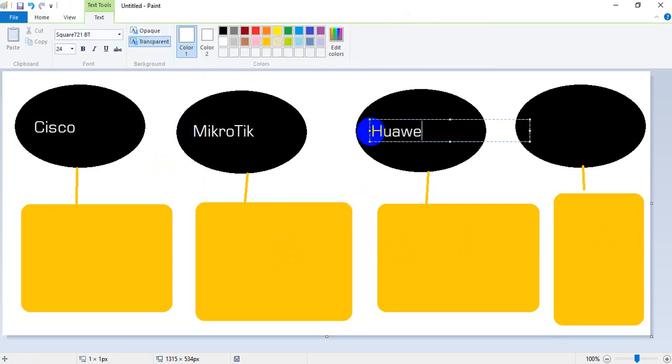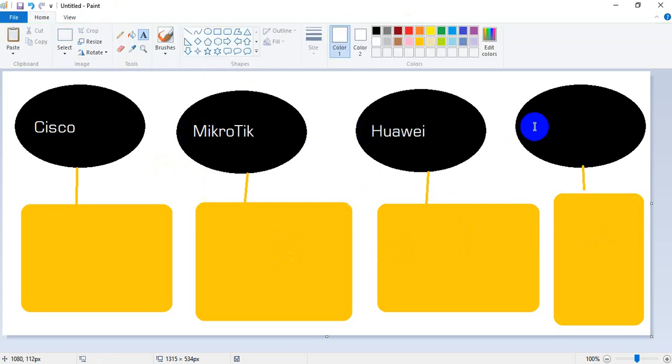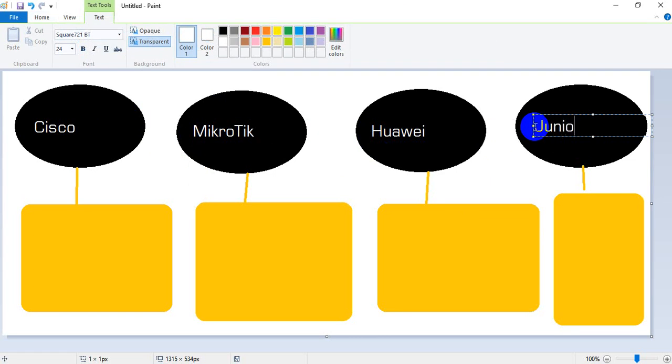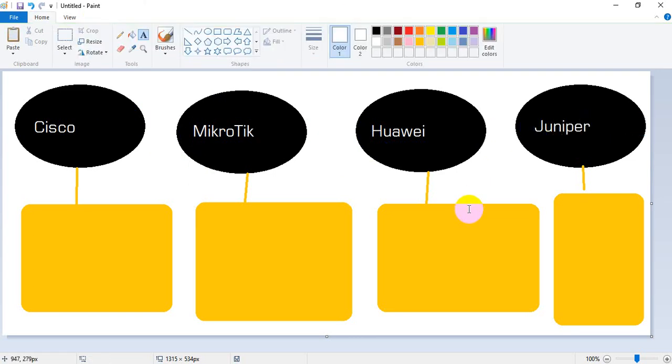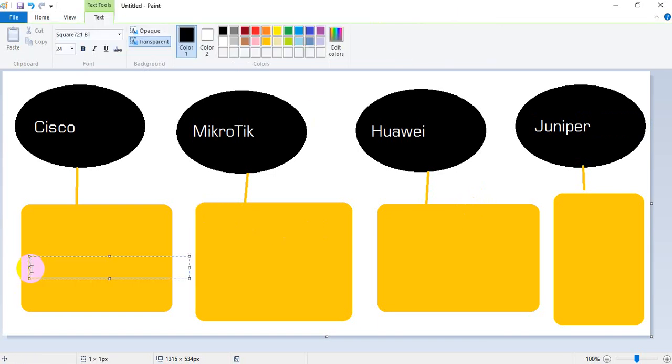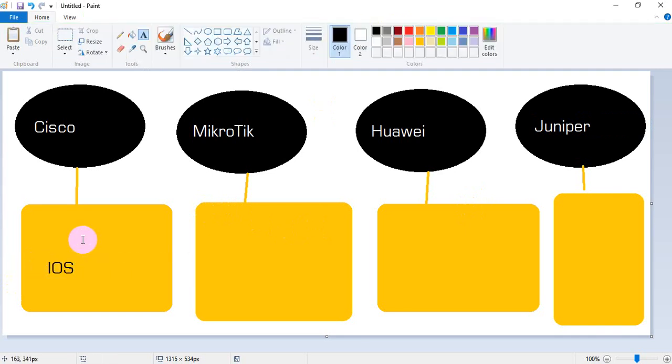Huawei. Juniper. So the task is to find the operating system names of these companies' intermediate devices. The first answer is Cisco: the operating system for its intermediate devices is IOS, Internet Network Operating System.